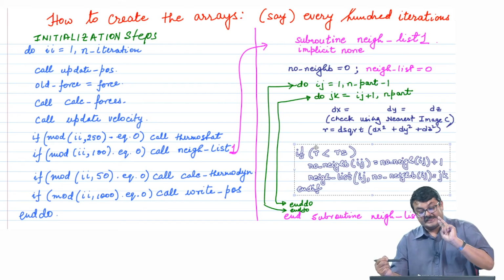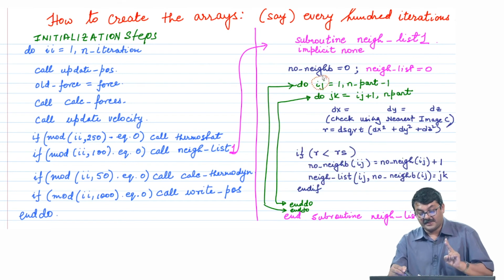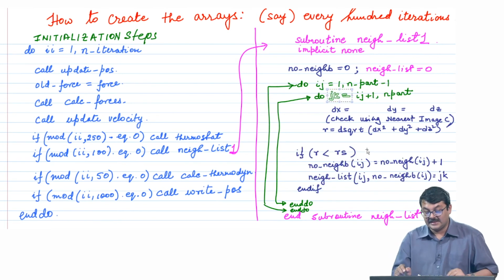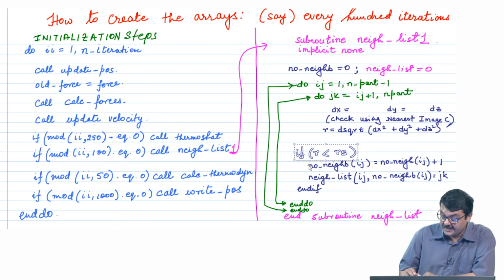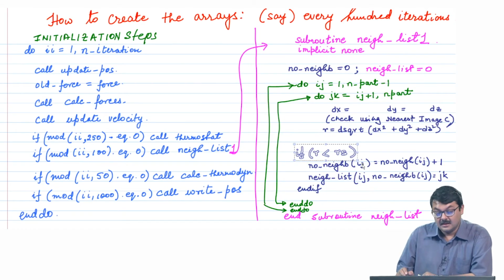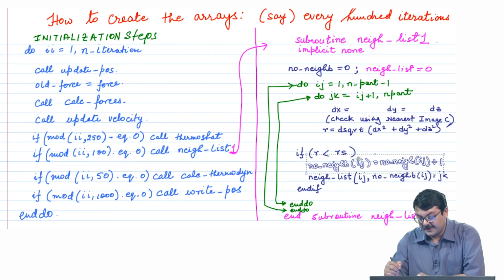If this r, the distance between particle ij and particle jk, is less than r s, then you say okay, the number of neighbors of ij is incremented by 1 in this step. So, the number of neighbors of ij is number of neighbors of ij plus 1.